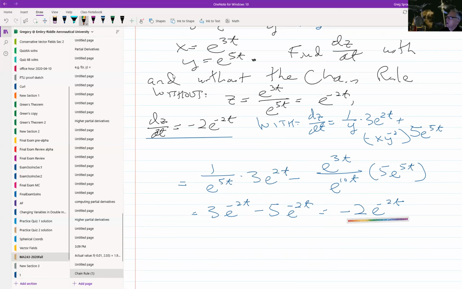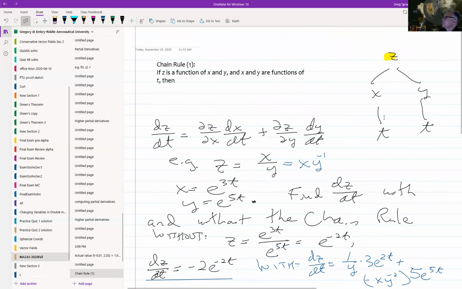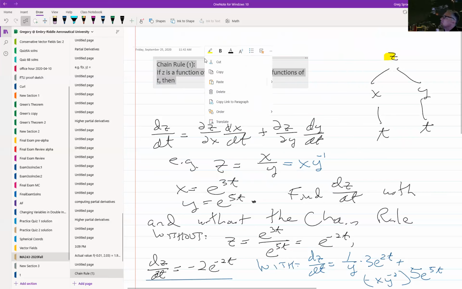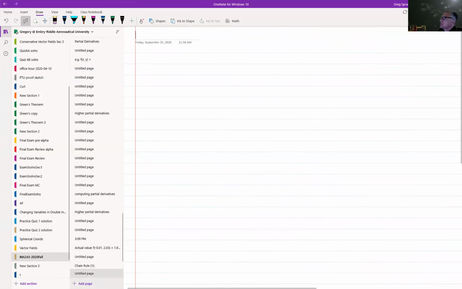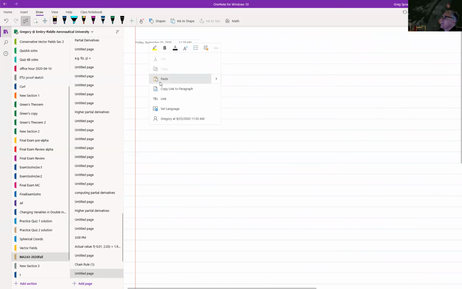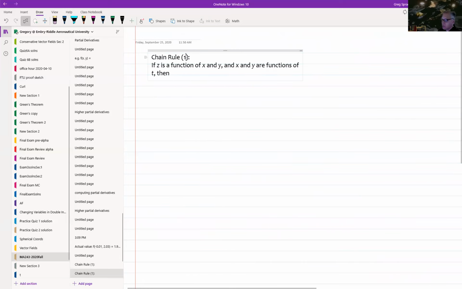Okay. So this is probably the simplest chain rule. Well, let's pump up the volume a little bit and use two intermediate and two independent variables. I'll call this chain rule 2. There's not really an official numbering of them.